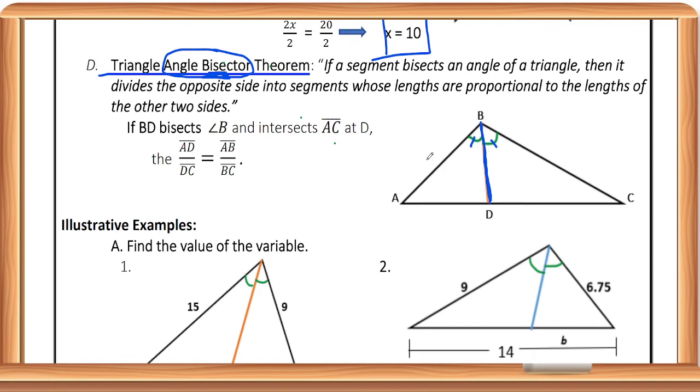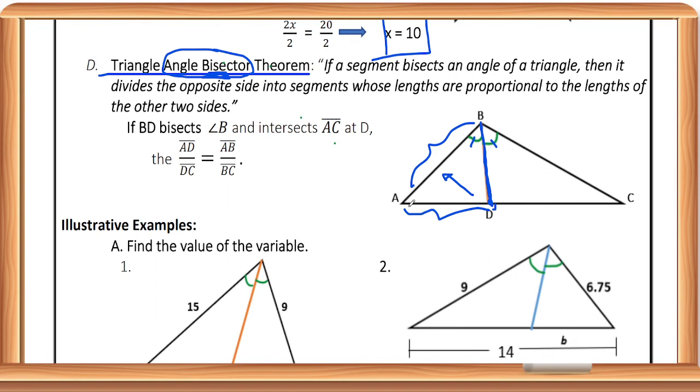In this case, it divides the third side into two segments, di ba? This divides the third side proportional to the length of the other two sides. So etong AD, ang corresponding part niya would be this one. Nag-form ka ng dalawang triangle, di ba?